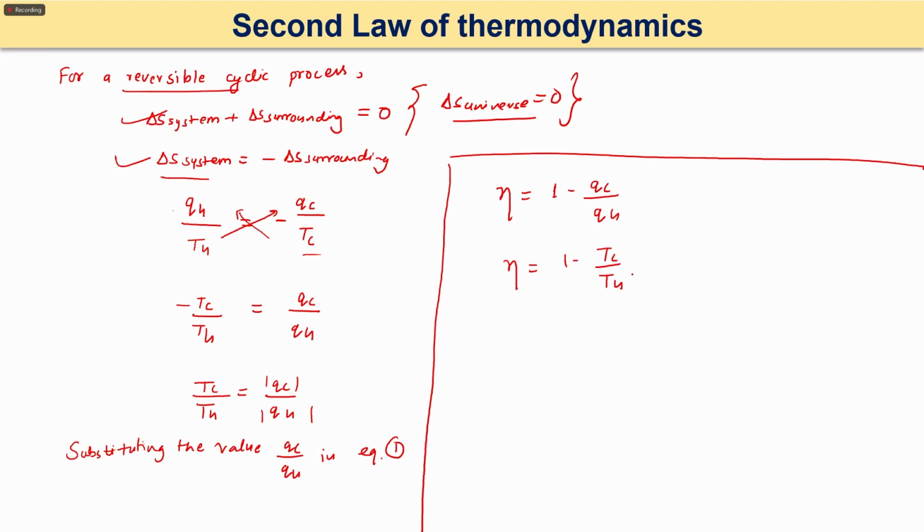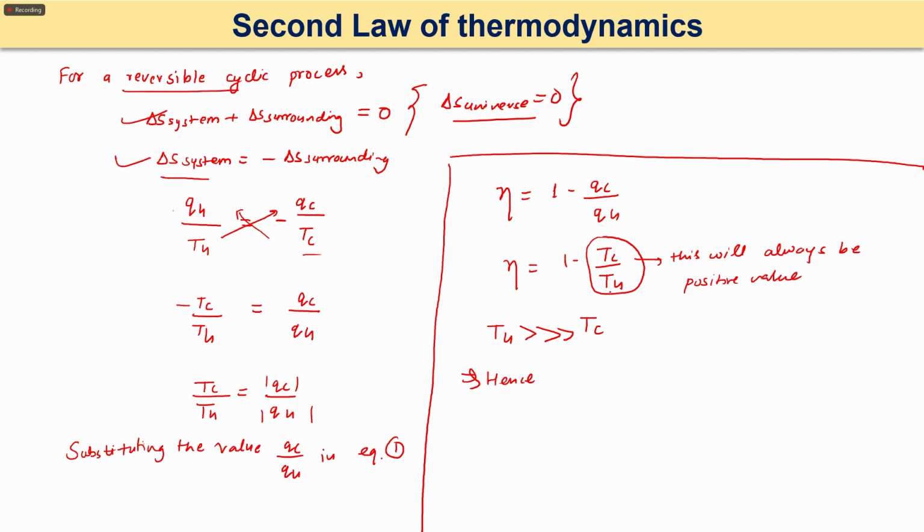Since Th, that is the temperature of the hot reservoir, is always greater than the temperature of the cold reservoir, what does it imply? That this value, Tc by Th, will always be a positive value.